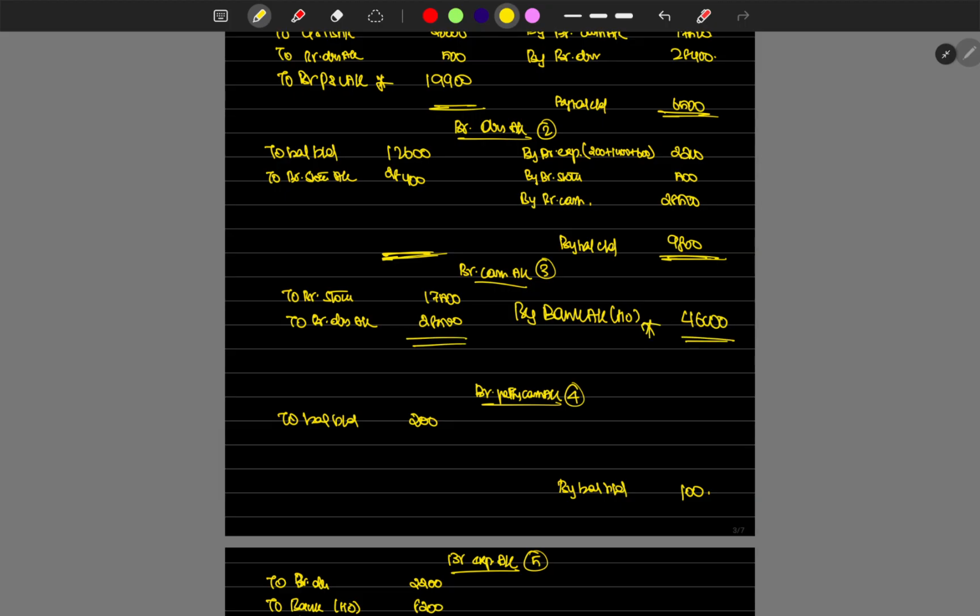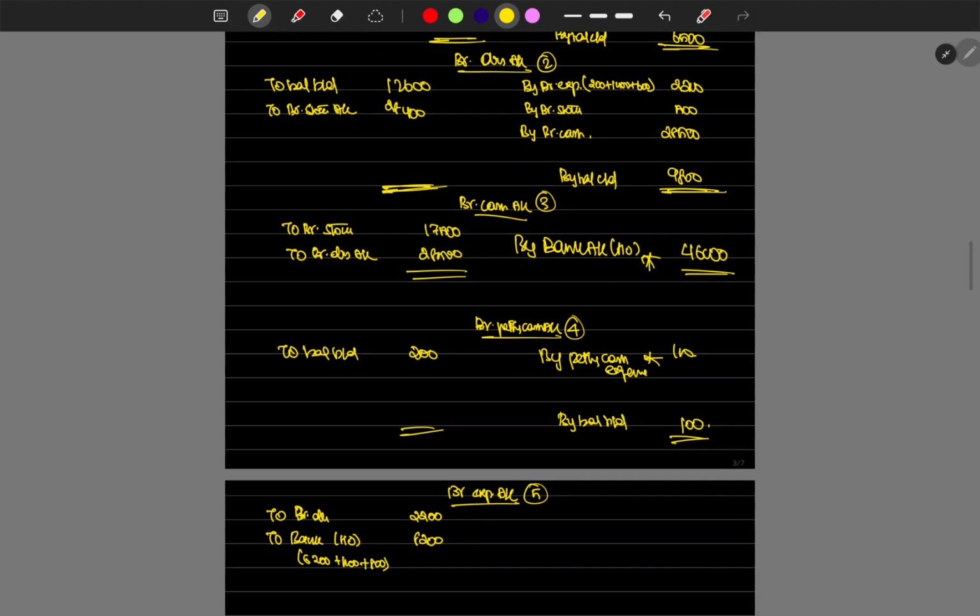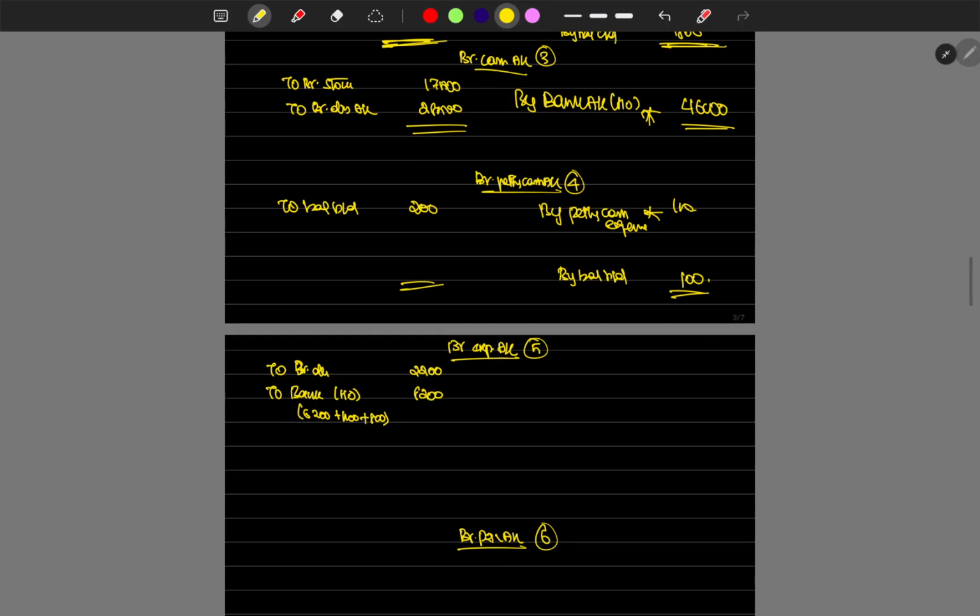Now the petty cash balance. So we made some expenses, which reduced the balance. So that would be petty cash expenses. We are assuming that 100 would be spent for petty cash expenses. This is the balancing figure. Then these petty cash expenses come under the expense area, right?